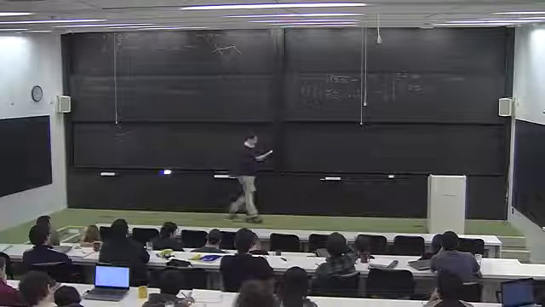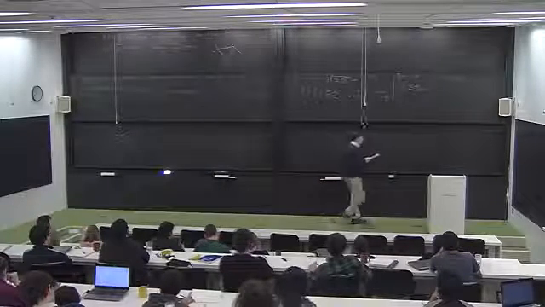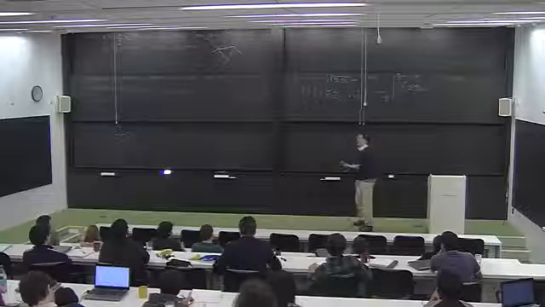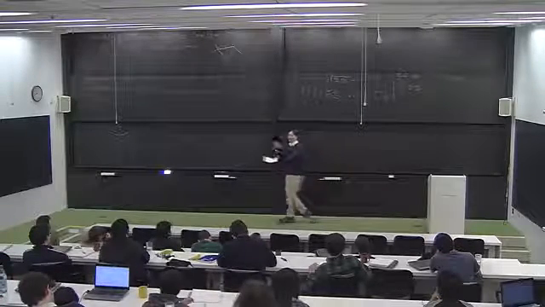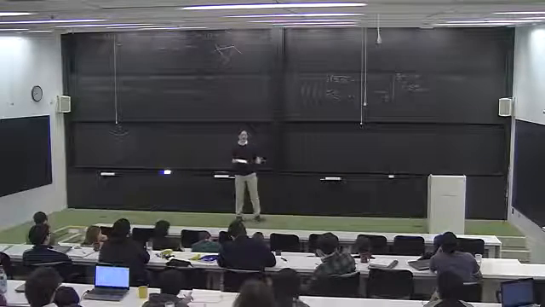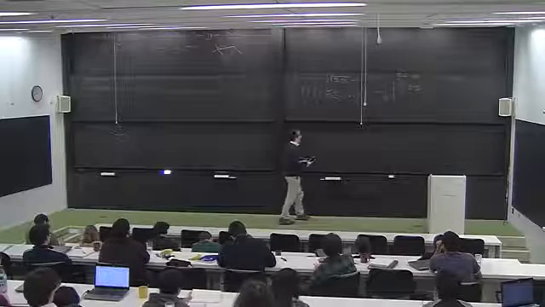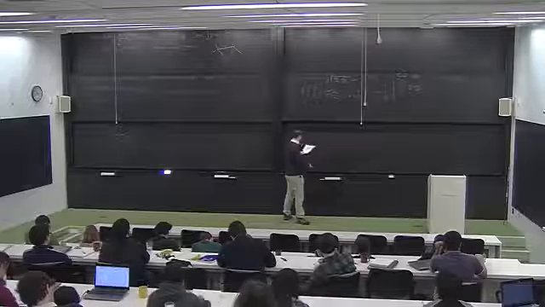So for a particle, we said the natural action was the length of the line. So for a surface, the natural action is going to be the area of the surface.